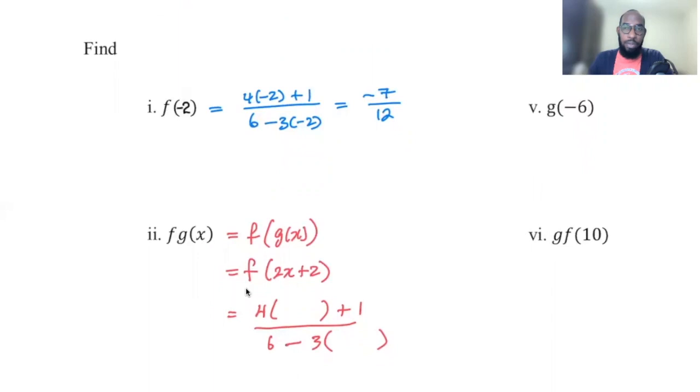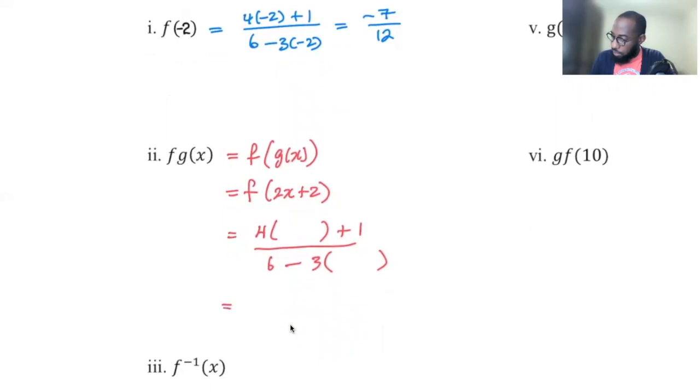The empty bracket shows that whatever you have inside of this f function here is supposed to be substituted in here. So if you have 2x plus 2 in the empty brackets, you're supposed to have 2x plus 2. If you have 1,000,000 inside here, you're supposed to put 1,000,000 here, 1,000,000 here. So for learning purposes, I tell them put an empty bracket first, and then in the following line, you make the substitution. But once you get the hang of how to do it, you don't need this step here.